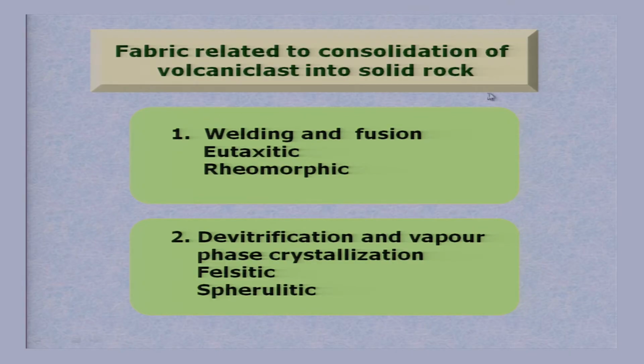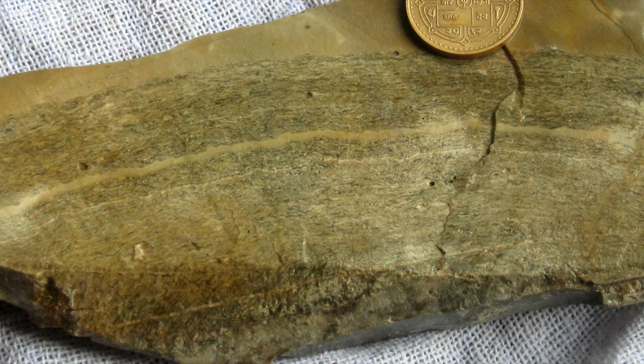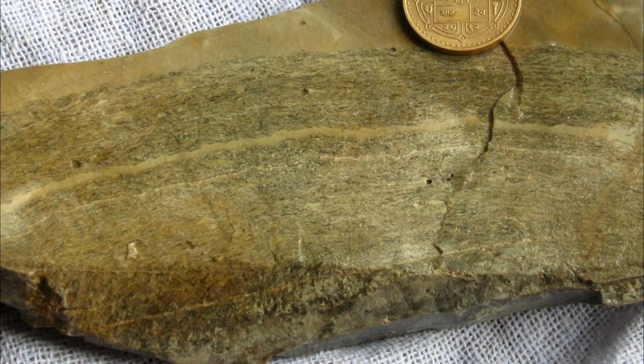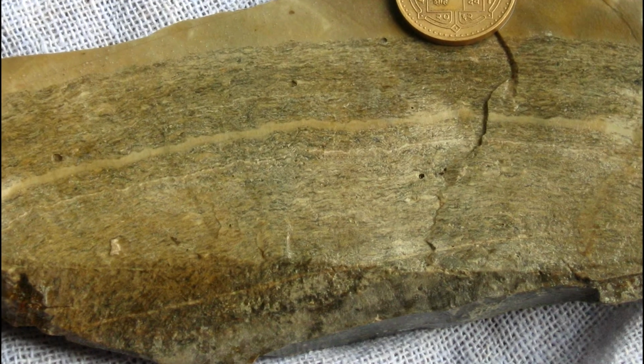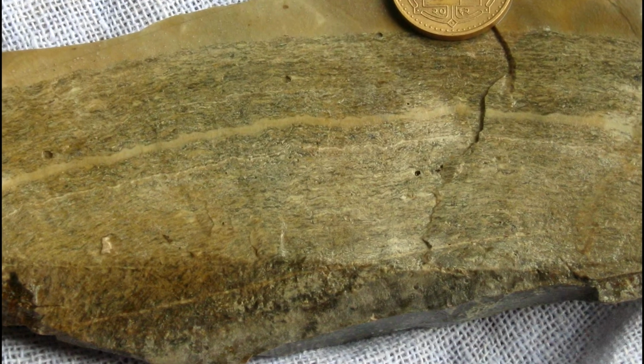This is fabric related to consolidation of volcaniclasts into solid rock. If these pyroclastic rocks are lying on the surface, and they were transported, or even if they were not transported but consolidated at their own place, they form a rock, and the rock is known as volcaniclastic solid rock.